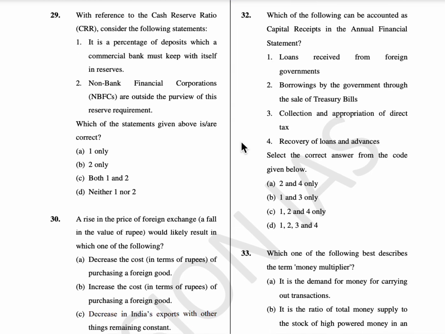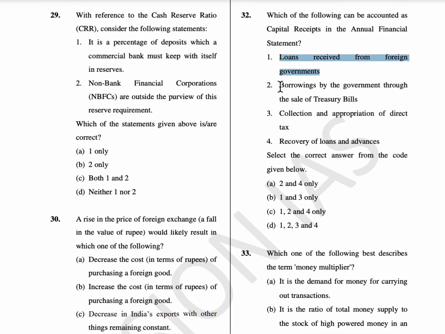32nd question, which of the following can be accounted as capital receipts in the annual financial statement? So what are capital receipts? Capital receipts are the money the government gets in the form of loans, borrowings, etc. Let's look into the statements. The first statement is loans received from foreign government. Yes, this is included in capital receipts.